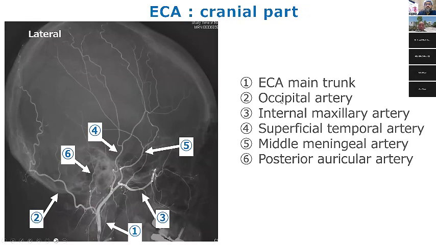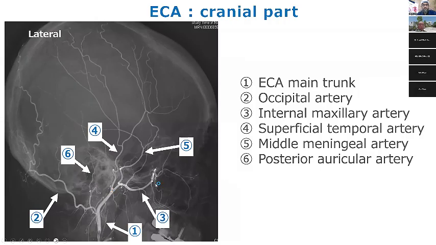Then this slide shows the branches of the ECA in the cranial portion. Number one is also the ECA main trunk. Number two is the occipital artery. And finally, the ECA divides into two main branches.